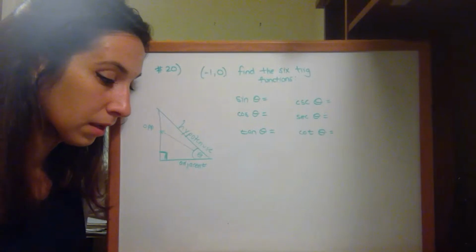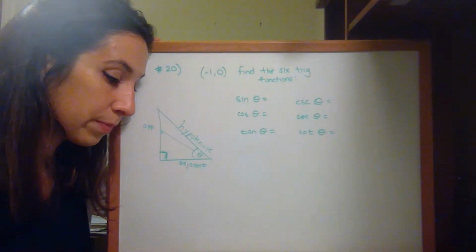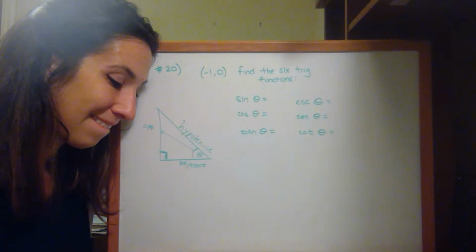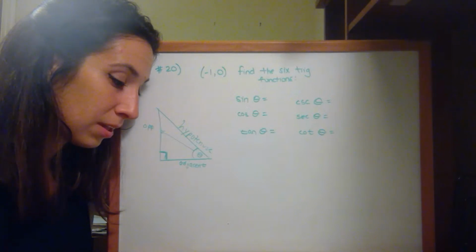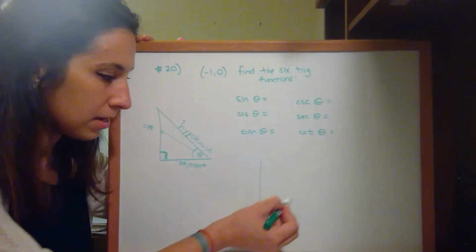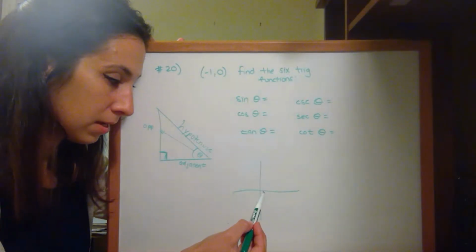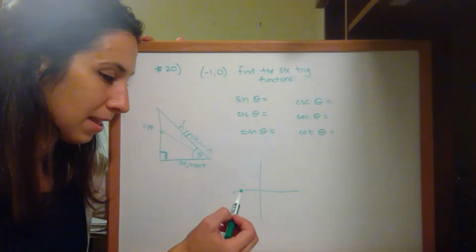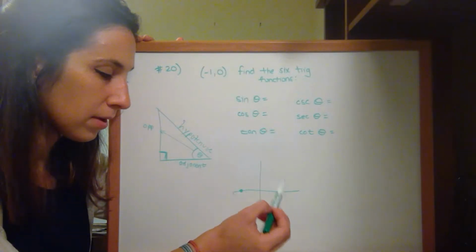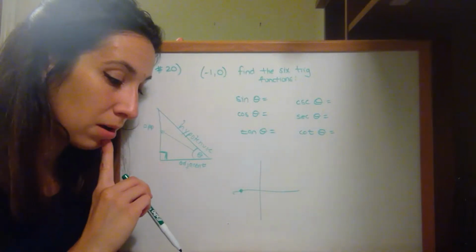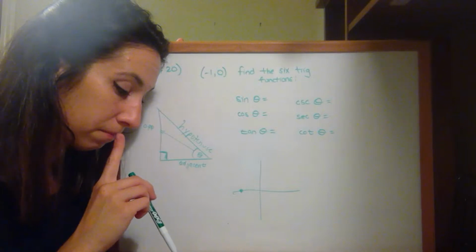All right. Now, if it gives you that ordered pair, you can't draw a triangle with that. So -1, 0 is right on the axis. This is 0 degrees, 90 degrees, 180 degrees. So we're actually talking about 180 degrees.